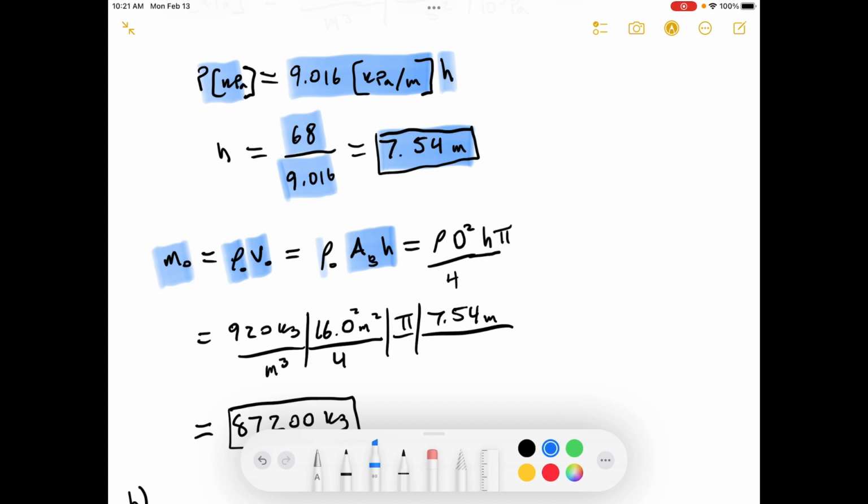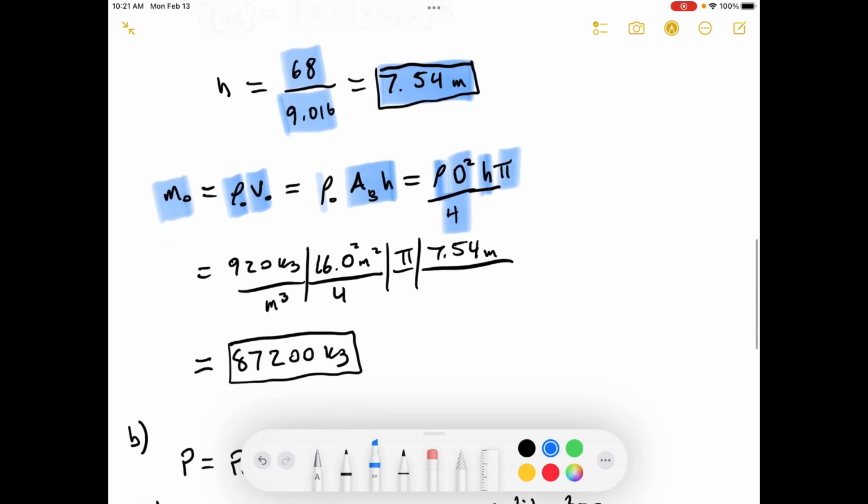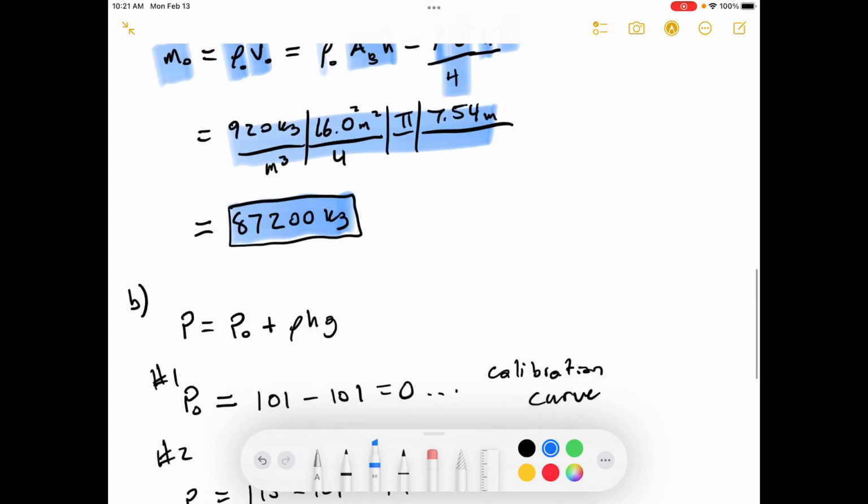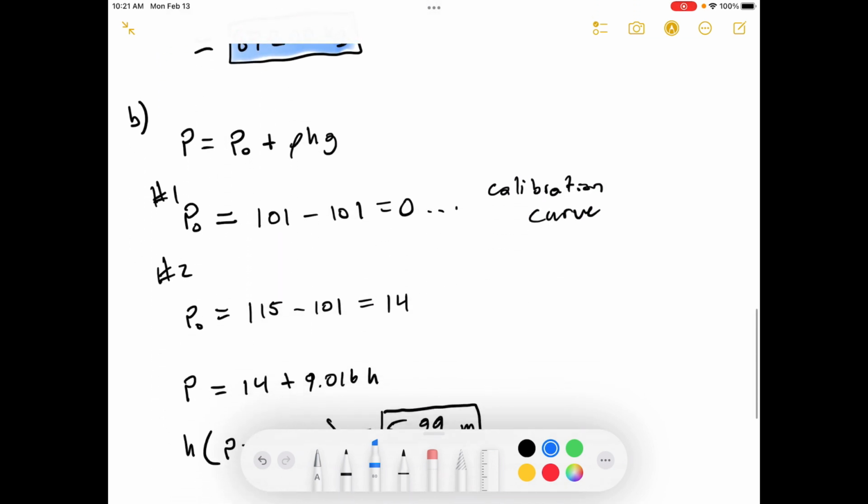So pi times diameter squared divided by 4, that's the area, times the height is the volume, times the density. Okay, then we multiply all that out, and we get that the total mass is 87,000 kilograms.